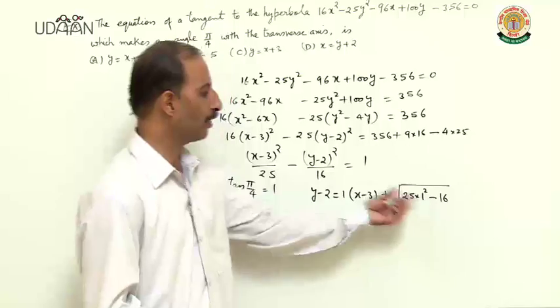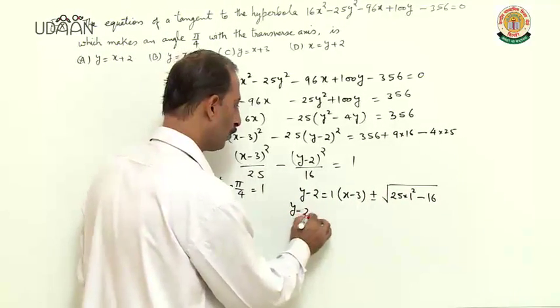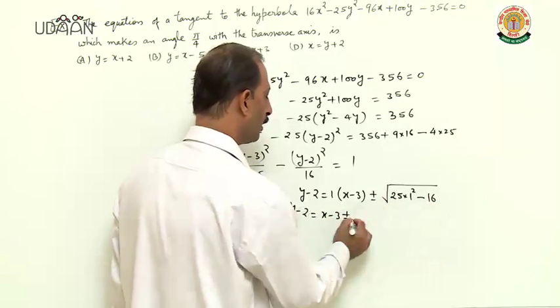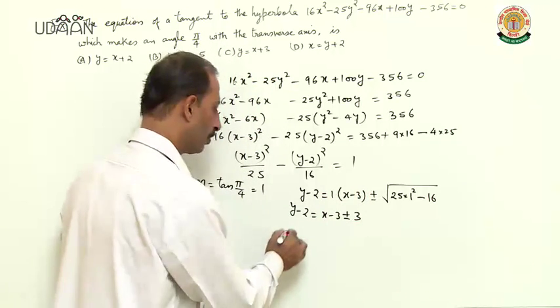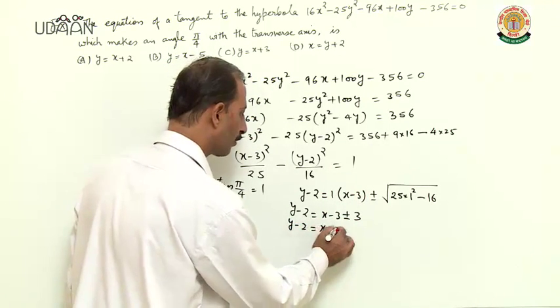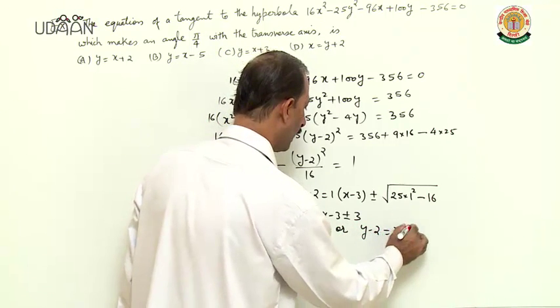Simplify this equation, you will get the equation of tangent. So y minus 2 is equal to x minus 3 plus minus, simplify this, you will get plus minus 3. So if you take plus 3, you will get y minus 2 is equal to x. Or if you take minus 3, you will get y minus 2 is equal to x minus 6.